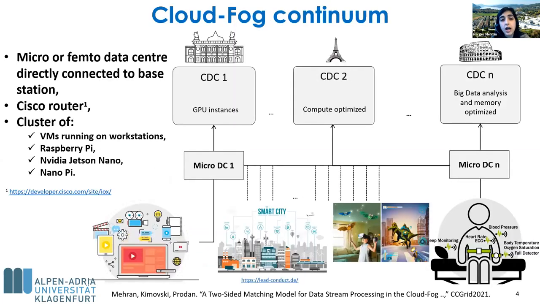That's why the idea of fog computing has been proposed, by placing some sort of micro data center or femto data center which are directly connected to the base stations to do some pre-processing and filtering on the data to be processed by the corresponding applications, before sending this type of data to the cloud data centers.